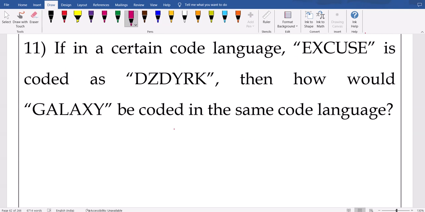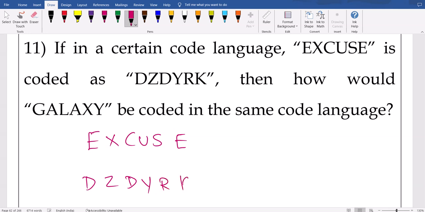Fine, so let's see this question. The given code is DZDYRK. Now the question is, galaxy is related to what? Let's have a look at the options.